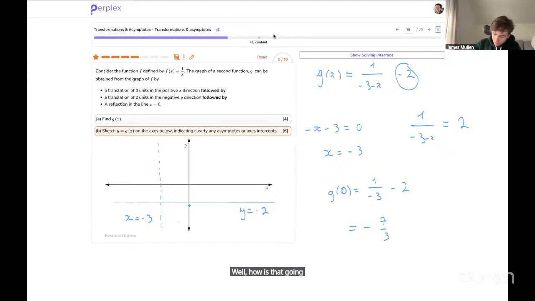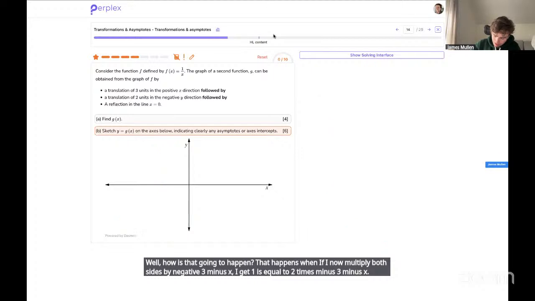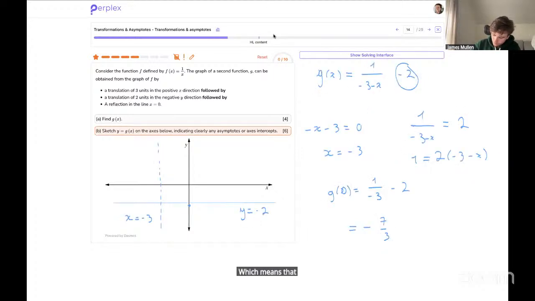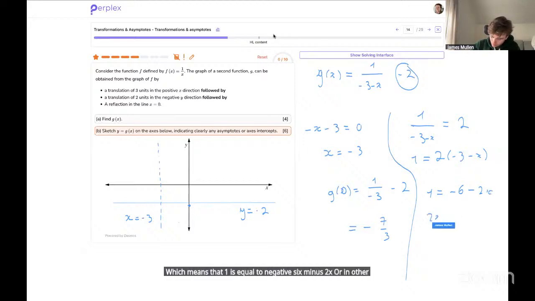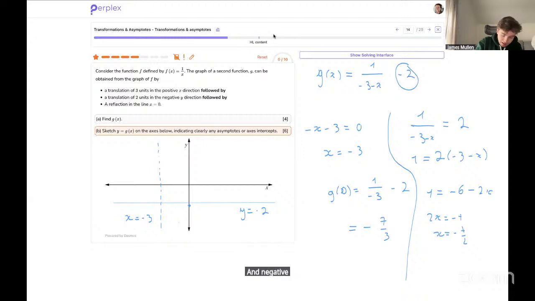If I now multiply both sides by negative 3 minus x, I get 1 is equal to 2 times minus 3 minus x, which means that 1 is equal to negative 6 minus 2x, or in other words, 2x is equal to minus 7, so x is equal to negative 7 over 2, right?